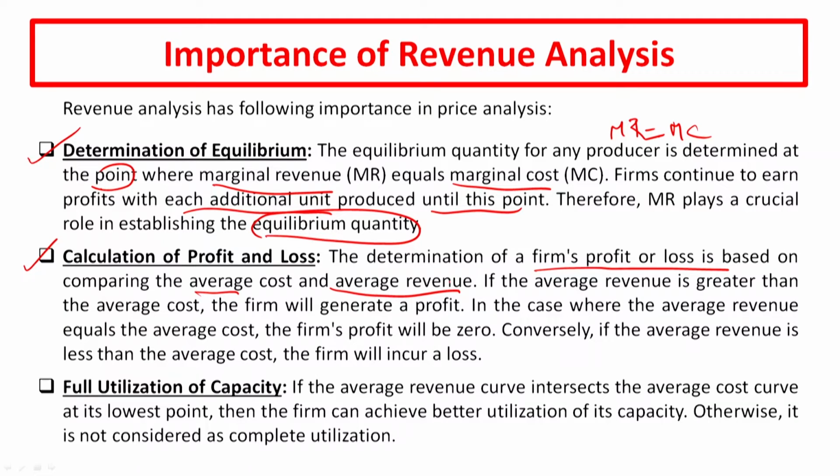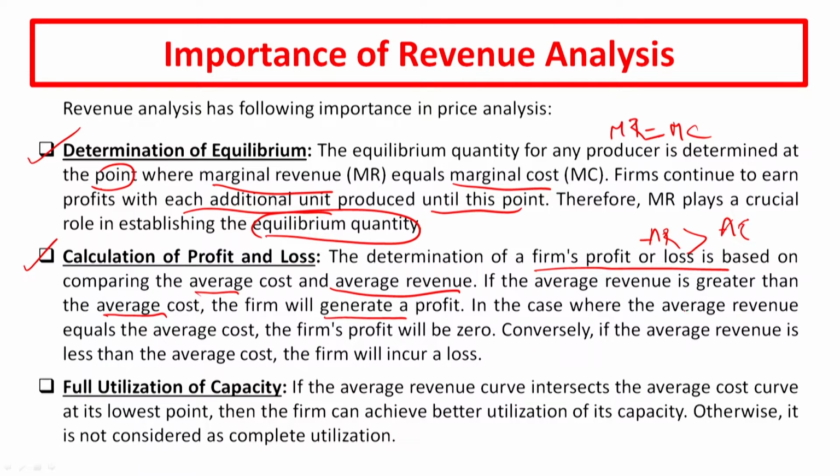If the average revenue is greater, means you are generating more revenue, then the firm will generate a profit, which means the revenue is more, you are getting more from the investment.